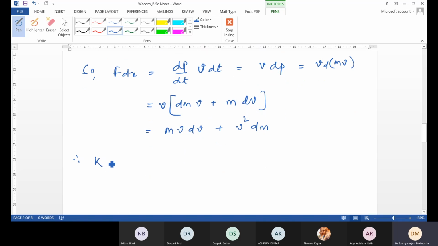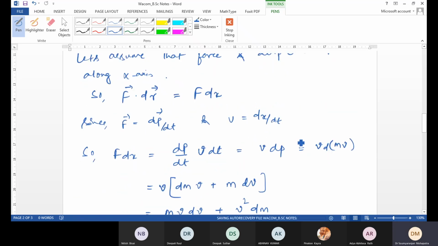Therefore now K is equal to the integral of m v dv plus v square dm, and the limit will be from I to F. Initial speed has to be 0 because it is starting, and the final will have some finite value v that I don't know. Let it be v.